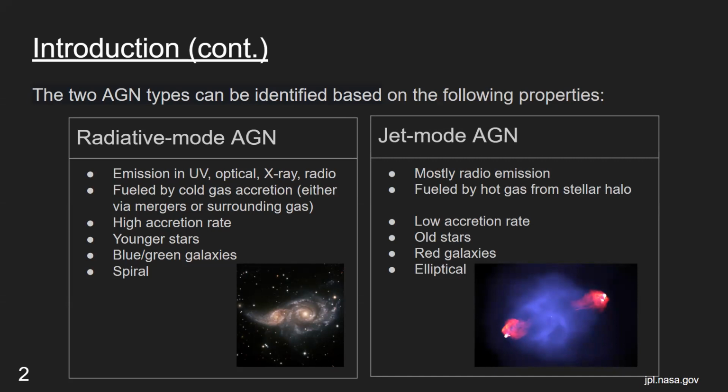They have a low accretion rate. These galaxies typically contain old stars, and so that means they're redder galaxies. And these are elliptical galaxies because they've usually gone through some turmoil that has churned up the galaxy, made them less of a disc shape and more into a bulgy sphere.